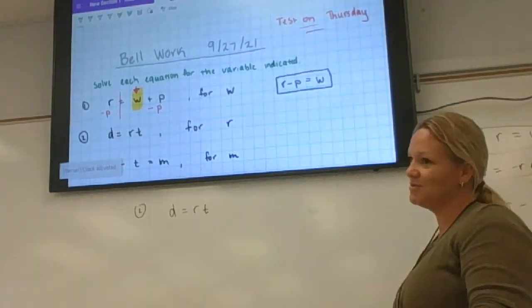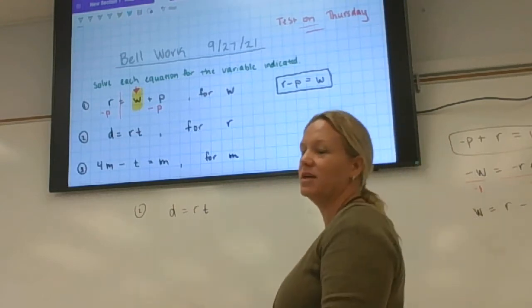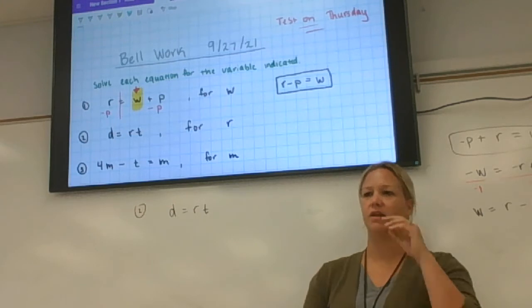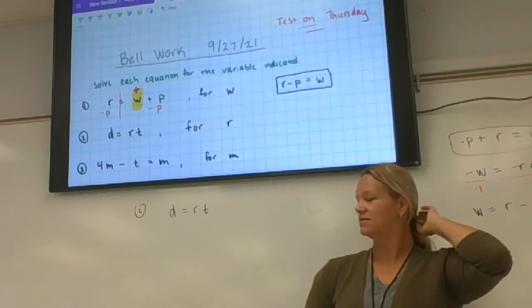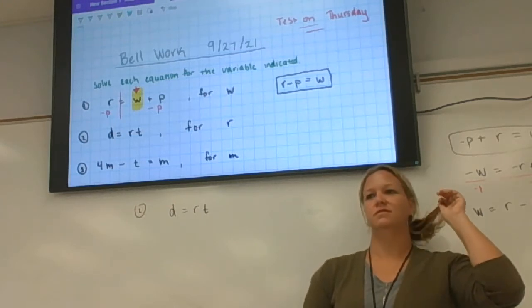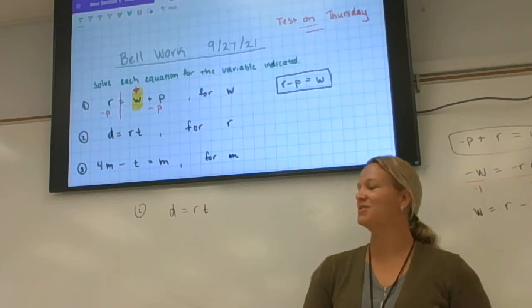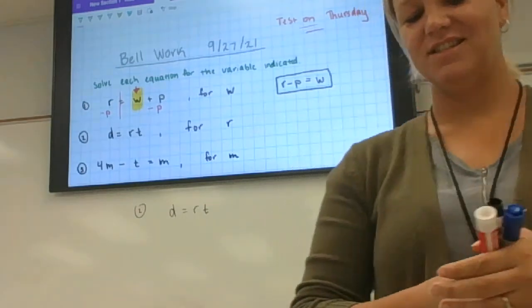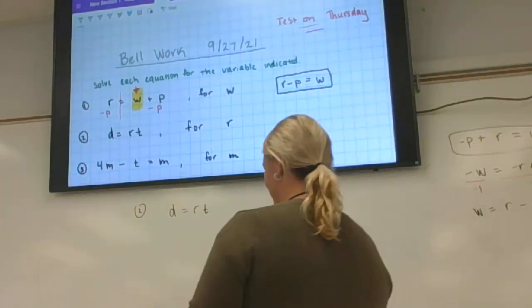Okay, getting closer. At least we're using D words. Diameter is not it. Radius. No. What's a D word in math? Distance equals rate times time. Get out of here. Distance equals rate times time.